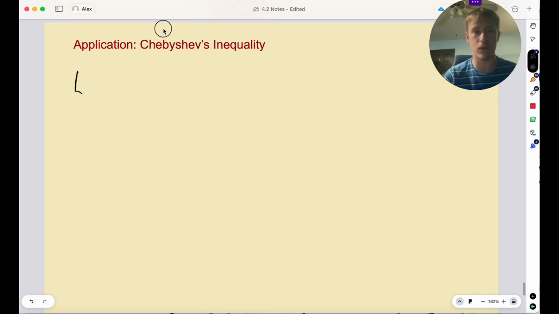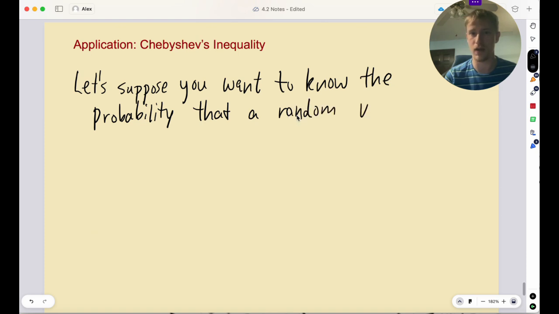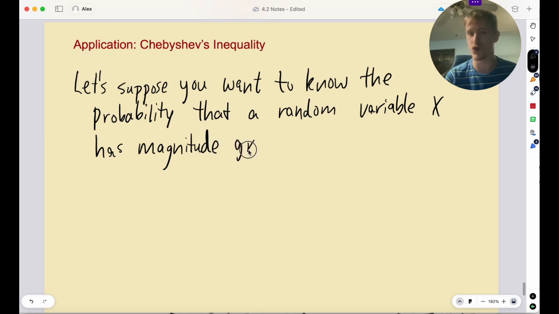And the idea is, let's suppose that for some reason you want to know the probability that a random variable x has a magnitude that is greater than some epsilon, which we'll consider positive.